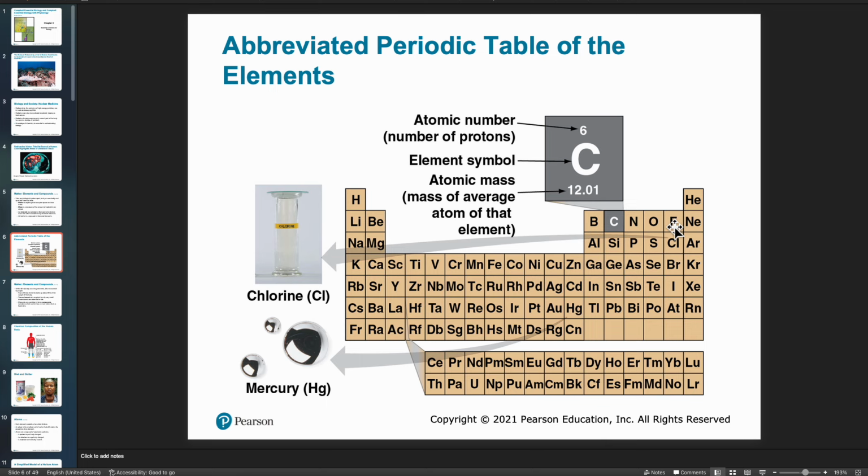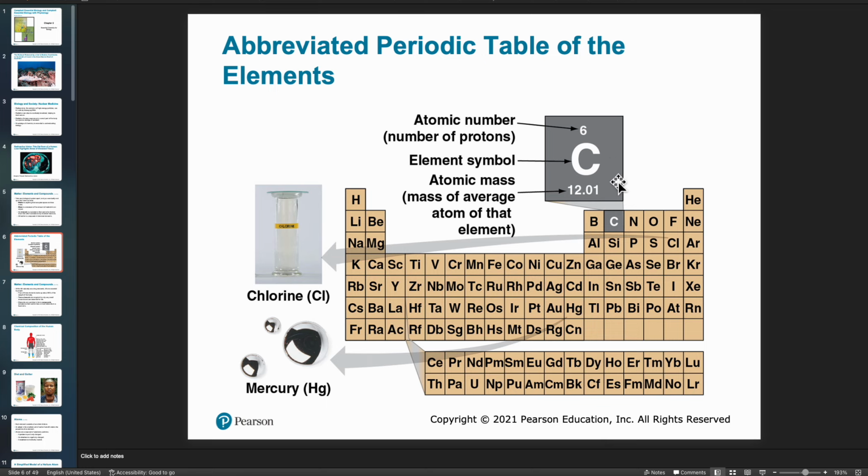So the mass, this 12 right here, well, that 12 is because it took the number of protons and the number of neutrons, and it came up with the number 12. So if I were to work out the number of neutrons for carbon, it would also be 6 because 6 plus 6 makes 12.